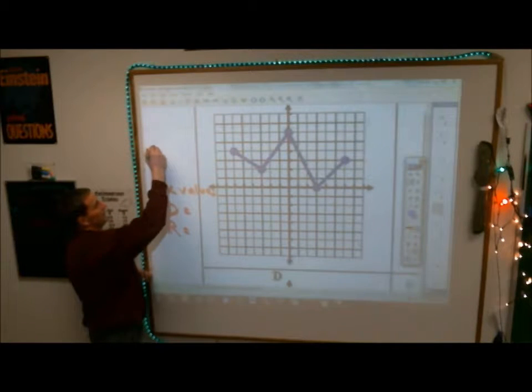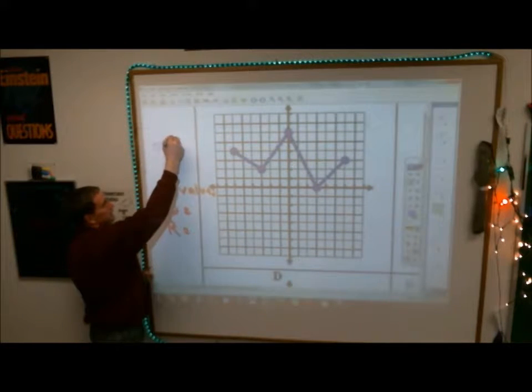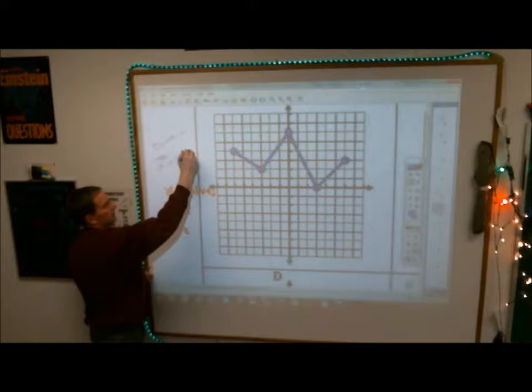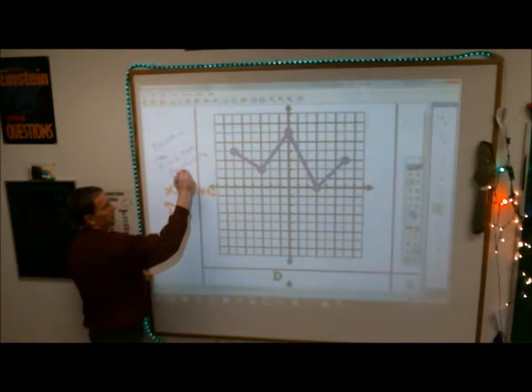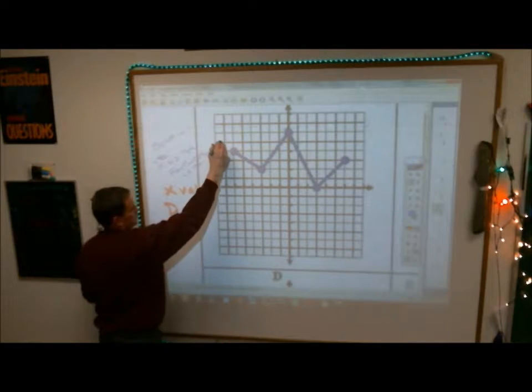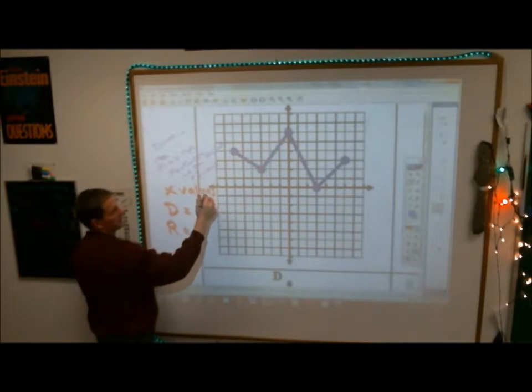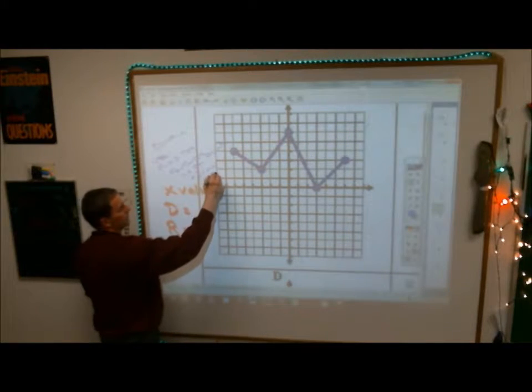To find the domain, let's find the farthest left point and draw a vertical line there. You don't really have to do this, but this is what I want you to think.